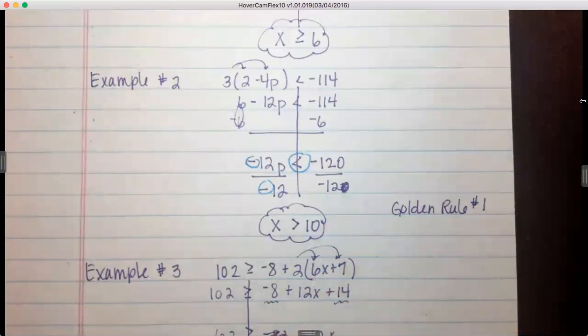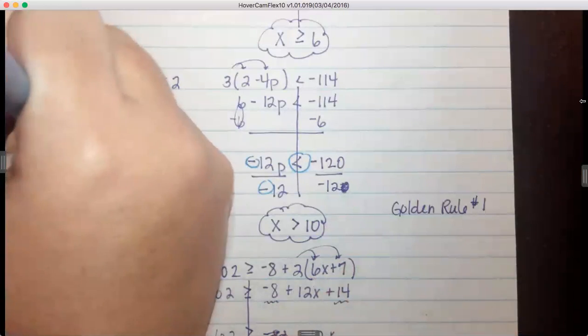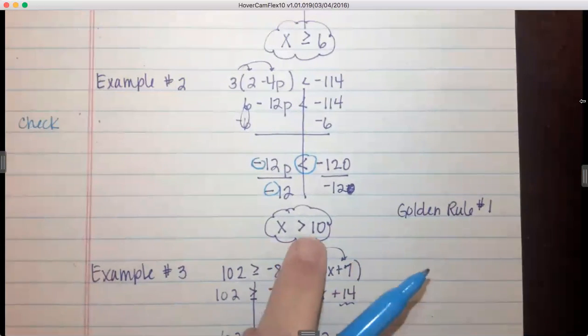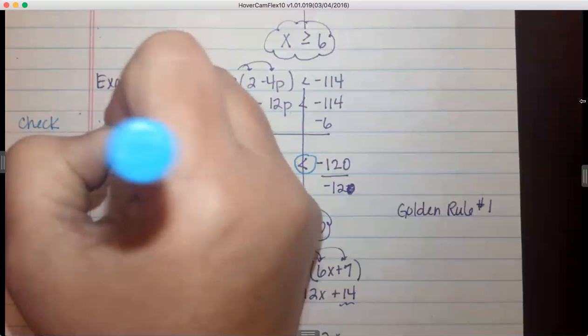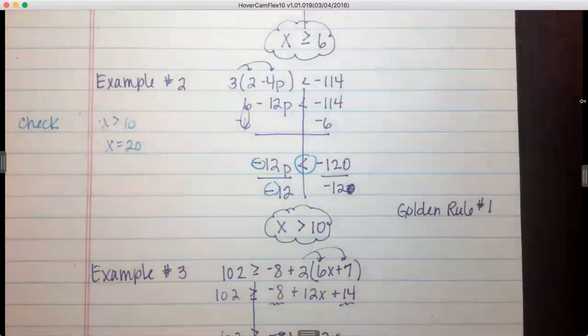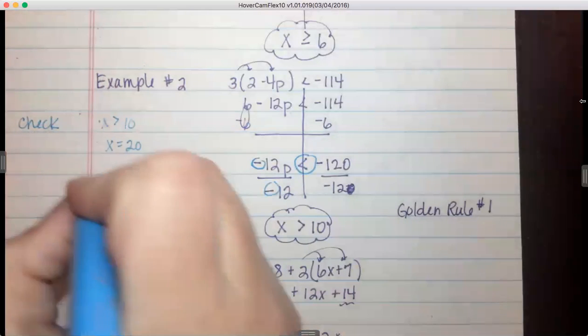Let's pick 20. I'm just going to do a check over here. So if I want something that's greater than 10, I'm going to pick 20 because 20 is greater than 10. So let me just put this in.